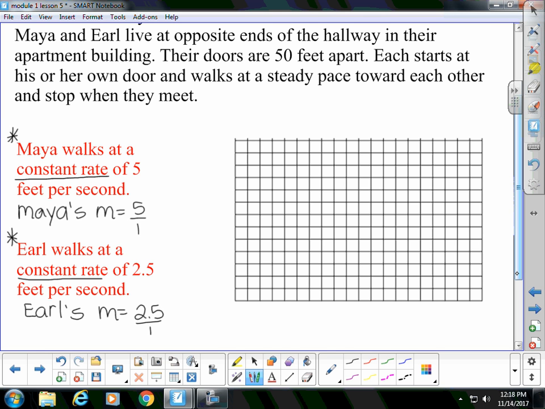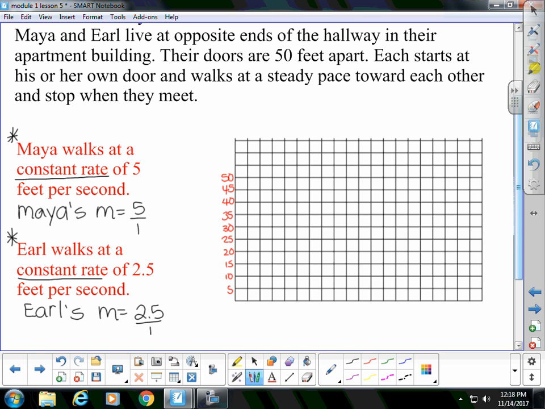I'm going to count by 5s: 5, 10, 15, 20, 25, 30, 35, 40, 45, and 50. So that's the distance that they are apart.